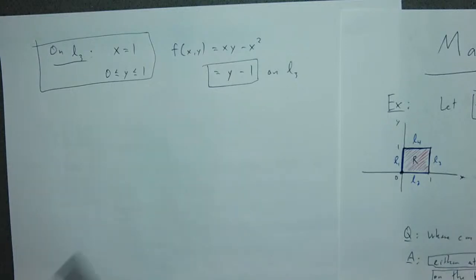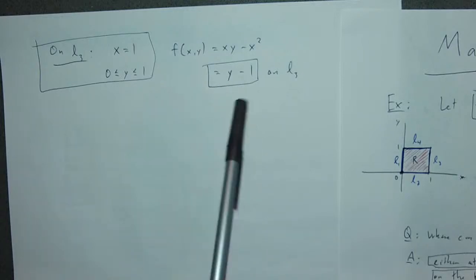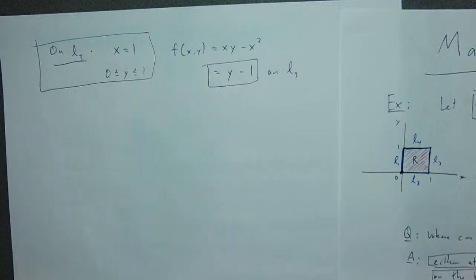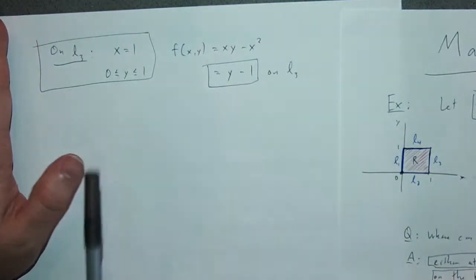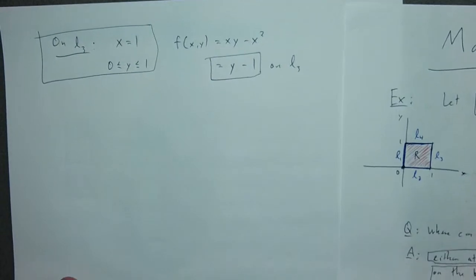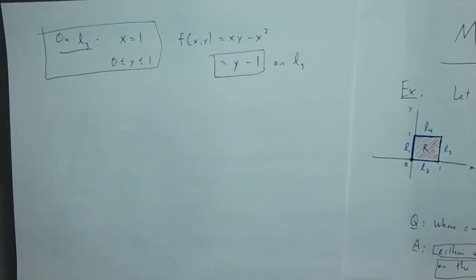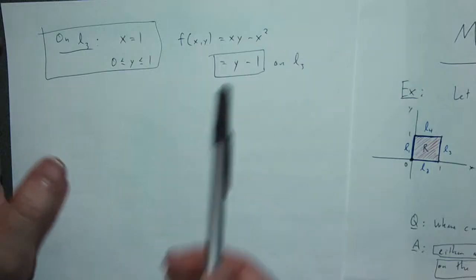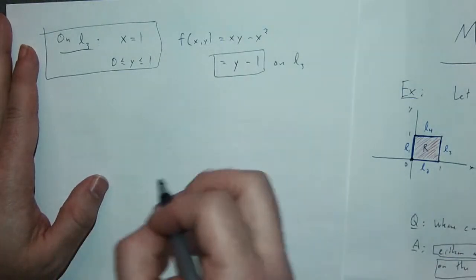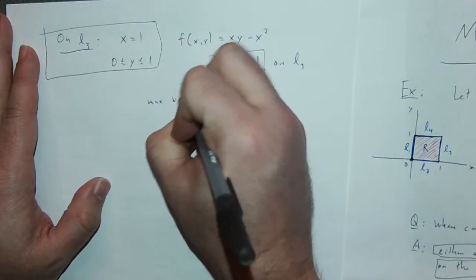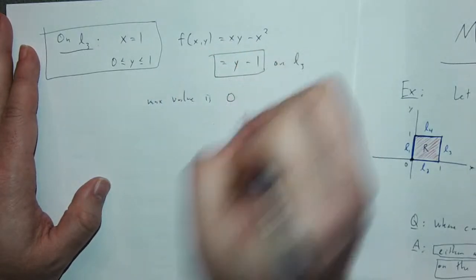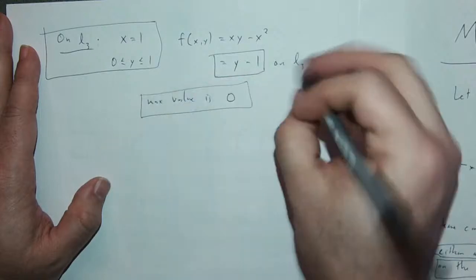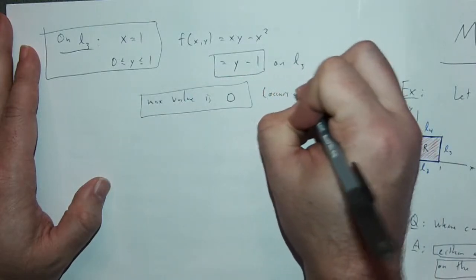Where does this have its max value? It's going to have its max value when y is largest, when y is equal to 1. Of course, this is not always going to be true. The reason is that this is a linear thing. If this were like 1 over y, then it would have its max value where y is smallest. This is just for this particular form of f. So its max value is 0, and this occurs at y equals 1.